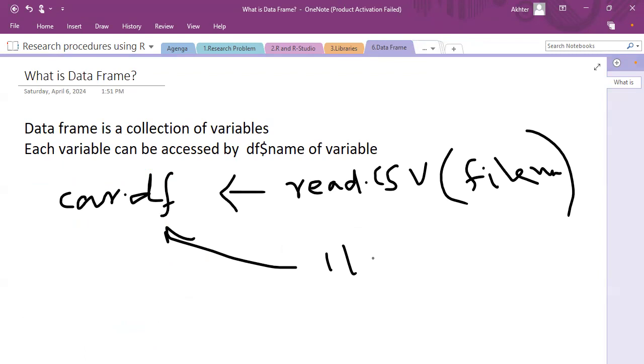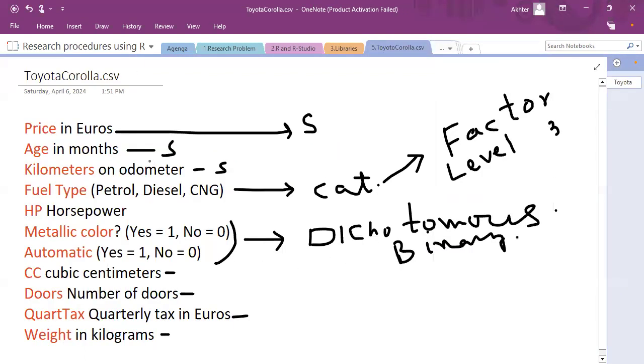Then we will reduce the irrelevant columns so that we have a data frame of only these variables. In this workshop I will introduce a few procedures which are purely numerical and need numeric variables, like the linear model and regression model. But some of the procedures I will introduce need one scaled variable along with one factor or categorical variable.